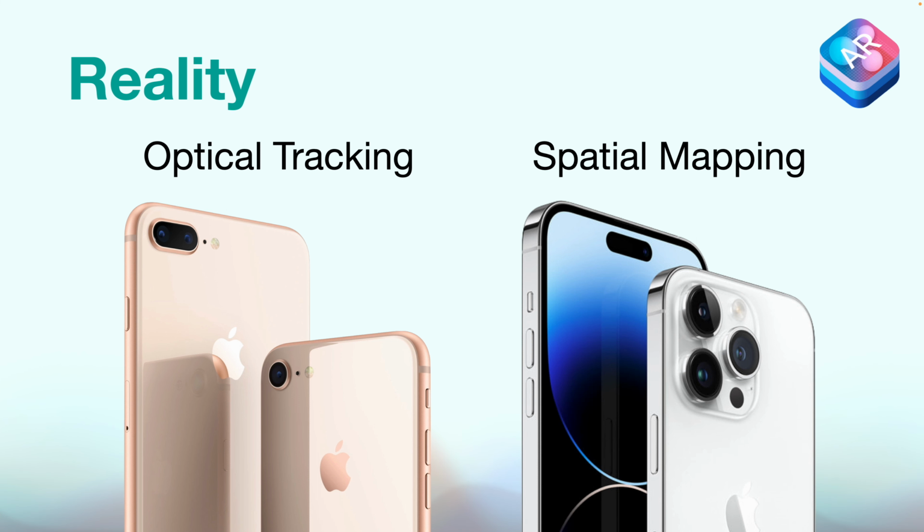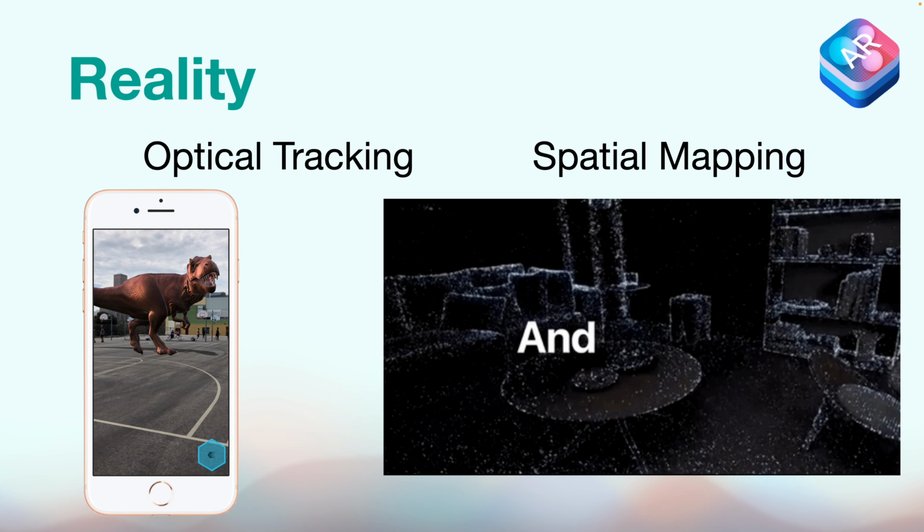For spatial mapping, the Pro iPhones have a LiDAR scanner in the back that is able to project millions of points onto the surface, and based on the points detected, it can calculate the distance between the scanned object and the phone, which gives a better and faster environment scan, basically. So this one, as you can see, is spatial mapping.